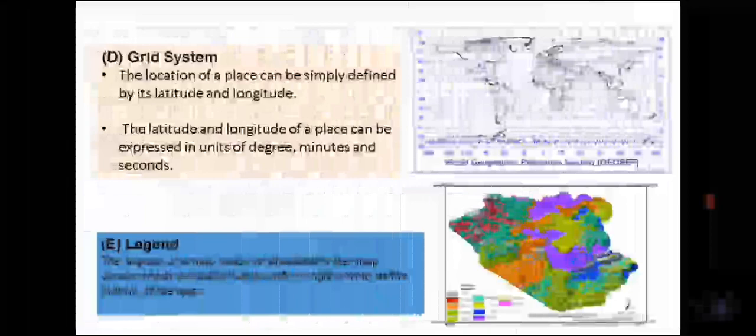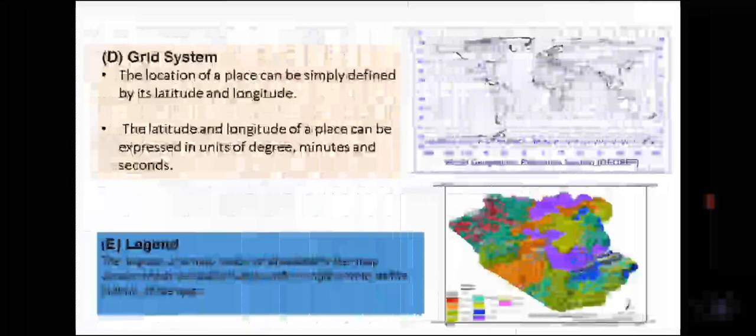Next component of map, grid system. The location of a place can be simply defined by its latitude and longitude. The latitude and the longitude of a place can be expressed in units of degree, minute, and second.